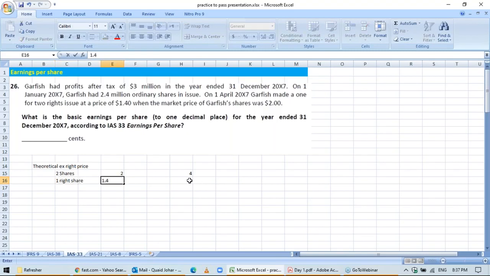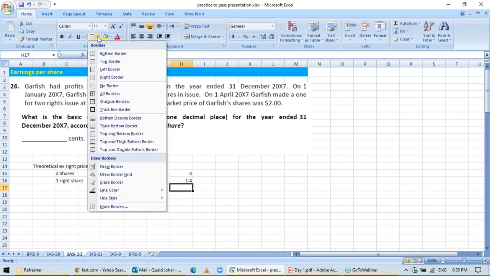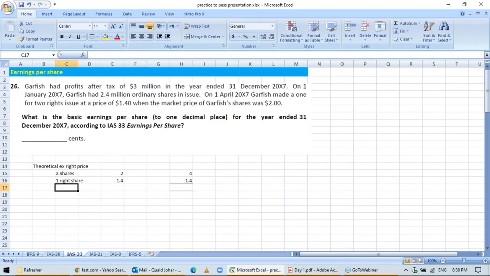So now the company received 1.4. So the total value of both, the existing shares and the new rights share, becomes 5.4, right?